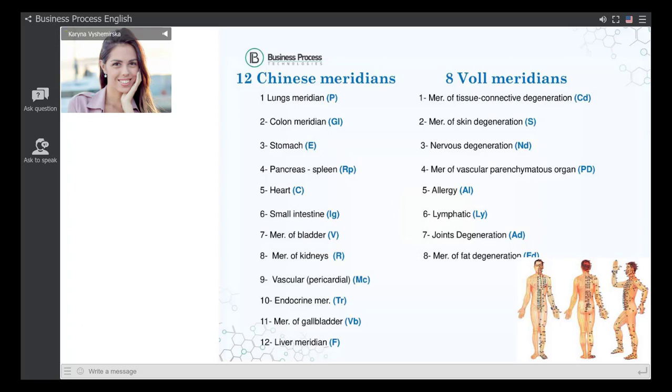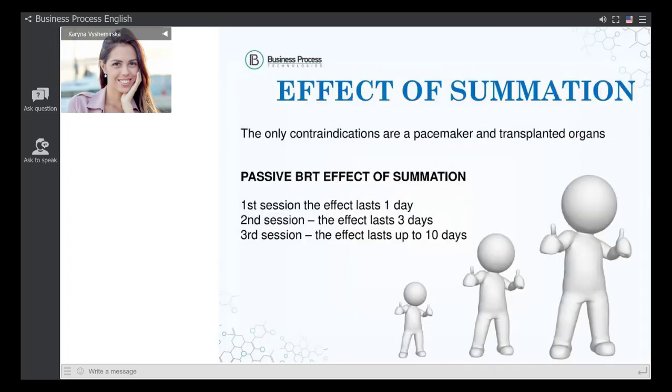I hope everything is clear, but we have so many different meridians, so I will describe how to use them. And also I will describe the difference between those two general meridians, how they work.